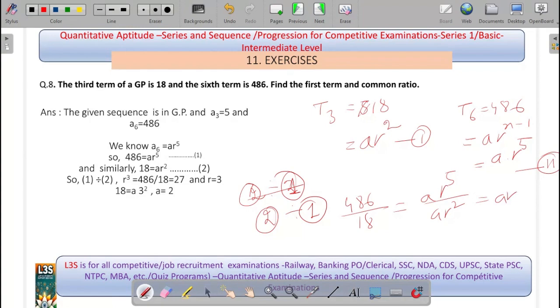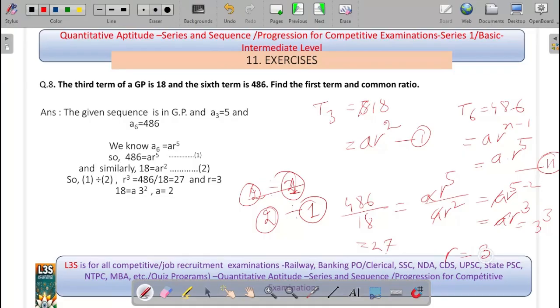That means R to the power 5 minus 2, 3. A cancels, so only R to the power 3. So 486 by 18 equal to 27. So R will be, we know 3 to the power 3 equal to 27. So R is equal to 3.